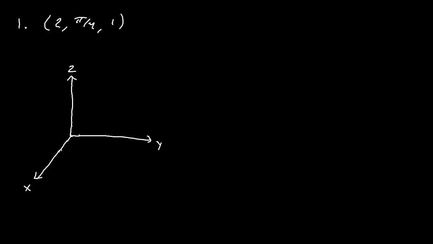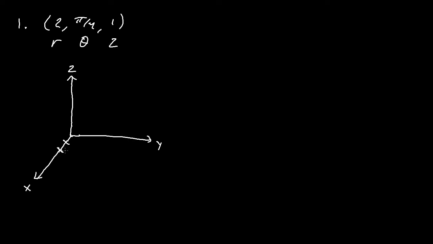So for number one, let's go ahead and plot the point (2, pi over 4, 1). In cylindrical coordinates, remember, the 2 is the r, or the radius value, pi over 4 is the theta, and 1 is the z value. So the radius is 2, so let's graph 2 on the x-axis.